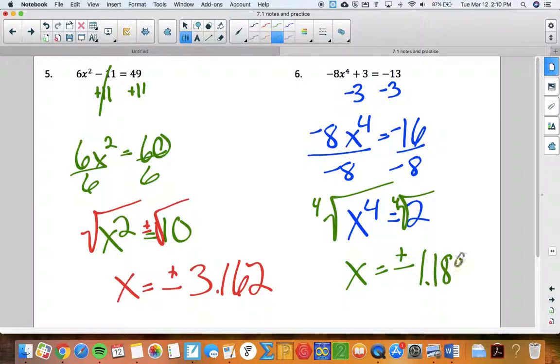If you take 1.189 times itself 4 times, it builds slowly and you get 2. Of course, it's also a negative 1.189, because if you take negative 1.189 times itself 4 times, you end up getting a positive since you're multiplying a negative an even number of times.